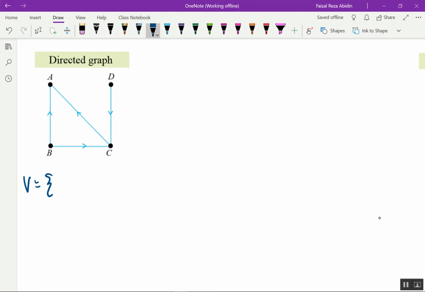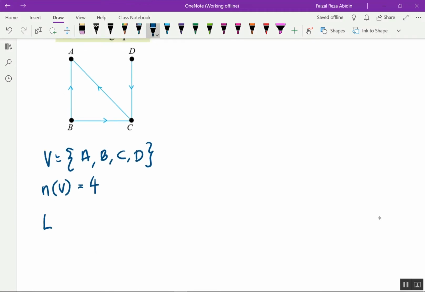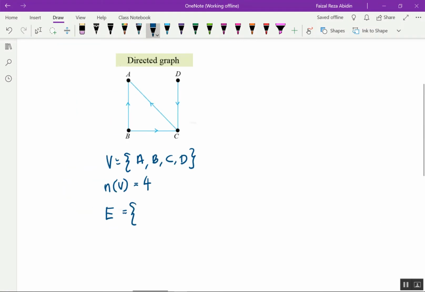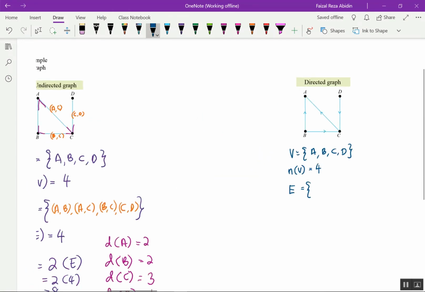Same as our undirected graph just now: A, B, C, and D. So the number of vertices is also 4. Next, I want to list down my set of edges. If you look closely, just now, wait, here.